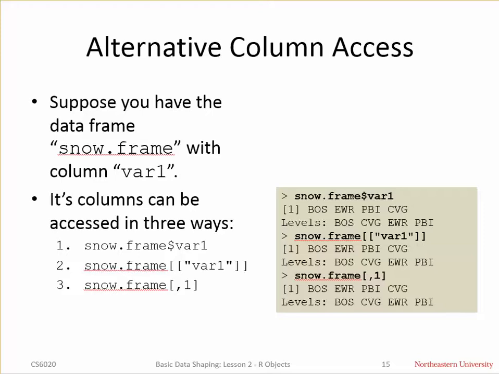And finally, you could also say snow.frame bracket comma 1, and that lists you all of column 1. If you said 2 comma 1, it would list you row 2 column 1. So that's the way that you specify the different cells in a data frame. It's row first, then the column.